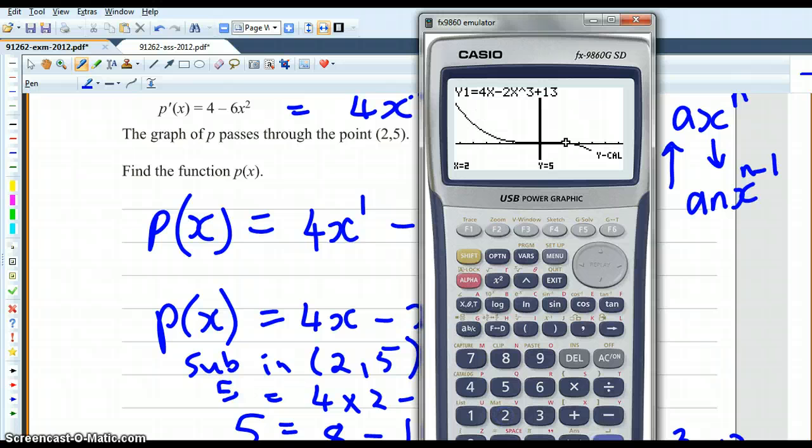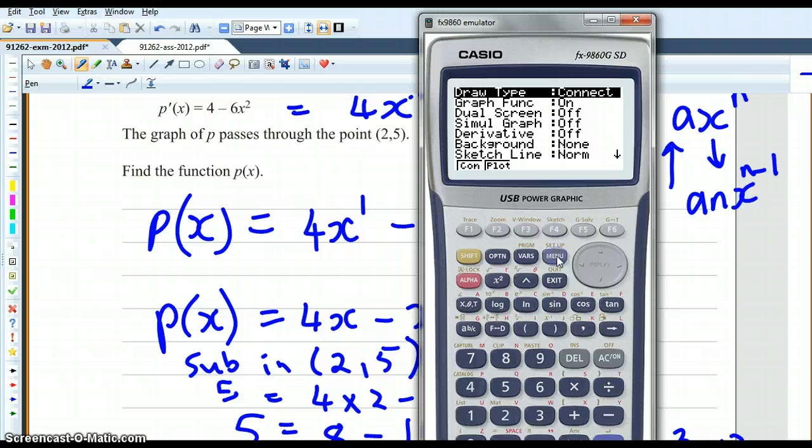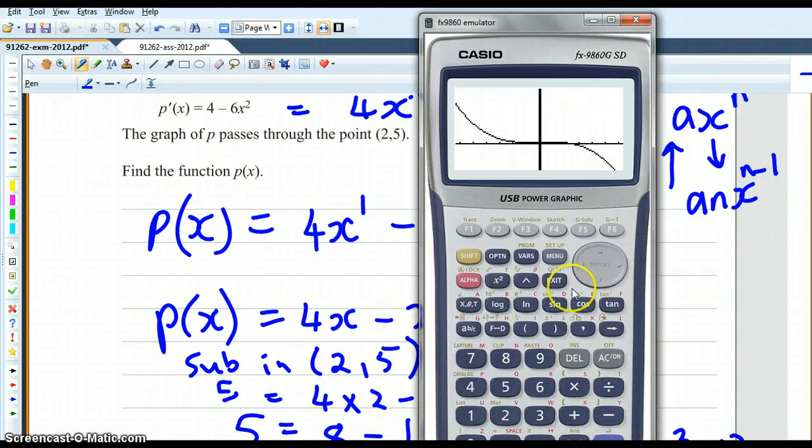Right. And I wonder what the gradient is at that point. So if I go shift setup, I can put derivative on, and I can trace, and I'm wanting point 2. The gradient, dy by dx is 3.7, oh that's 0.2, sorry, my bad.